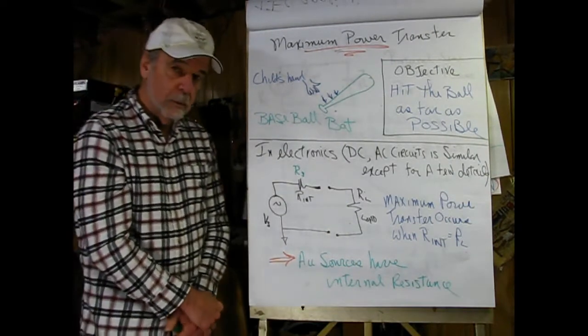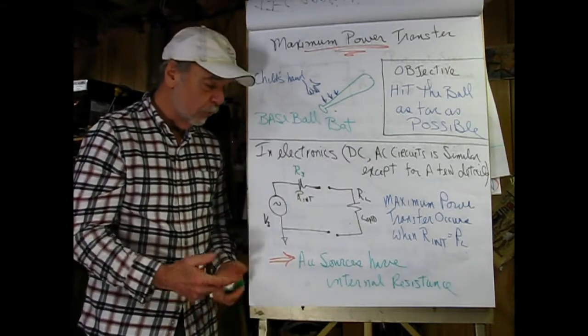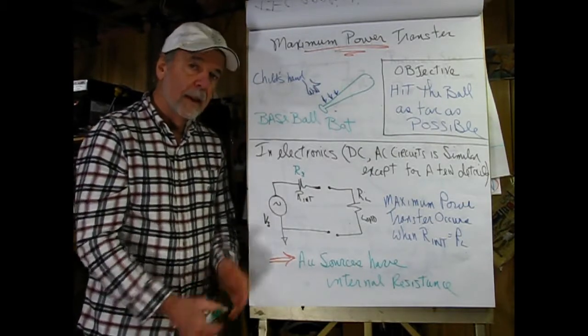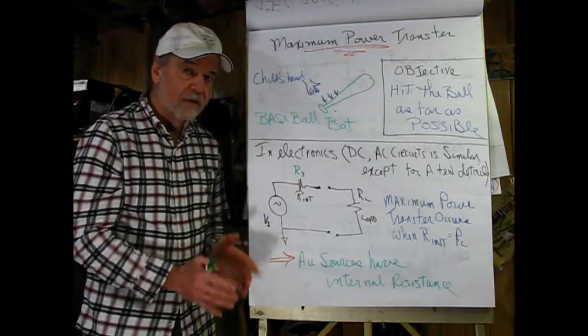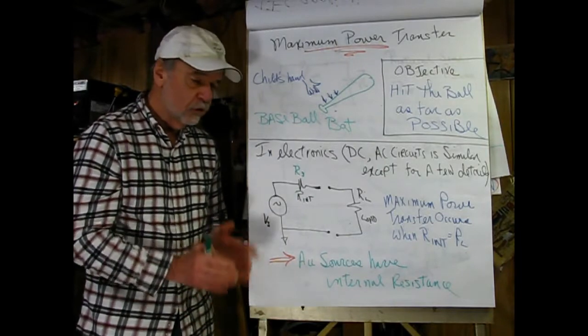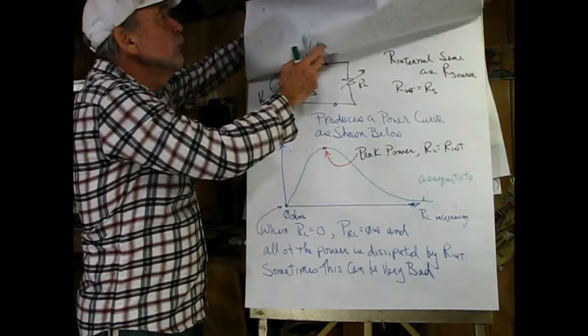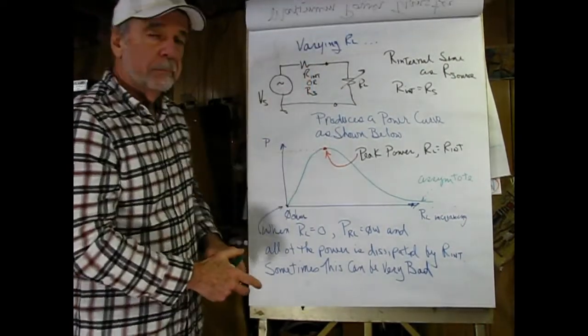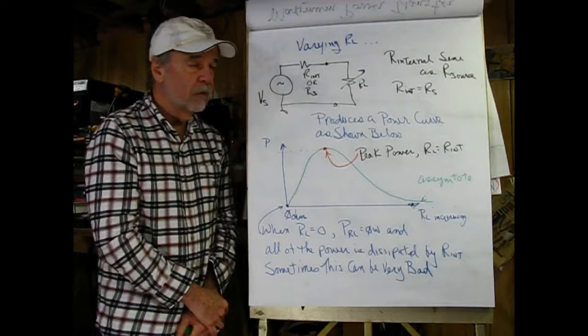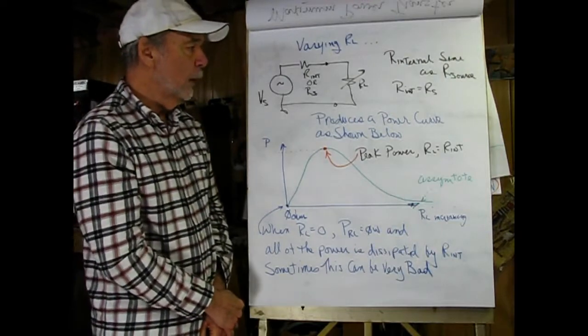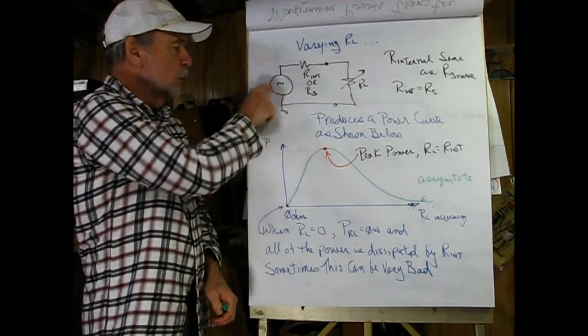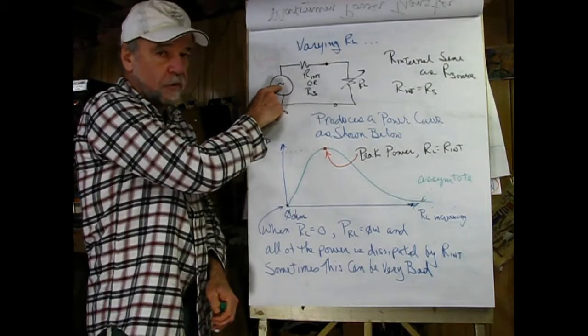Now, what you have to remember here is that all sources, whether they're voltage sources or current sources, real sources, have internal resistance. Some degree of it. Only perfect sources do not. So we're going to start by varying RL, and here we have our DC voltage source.